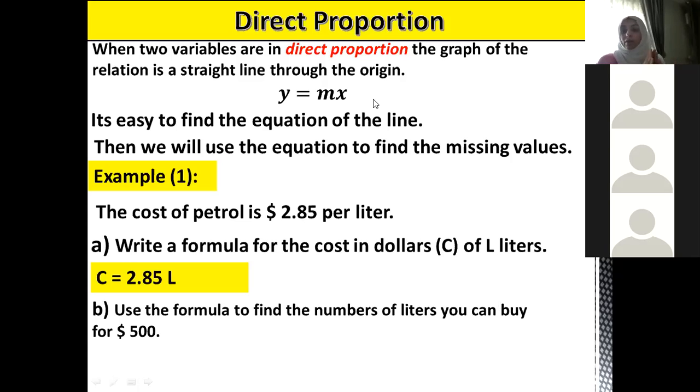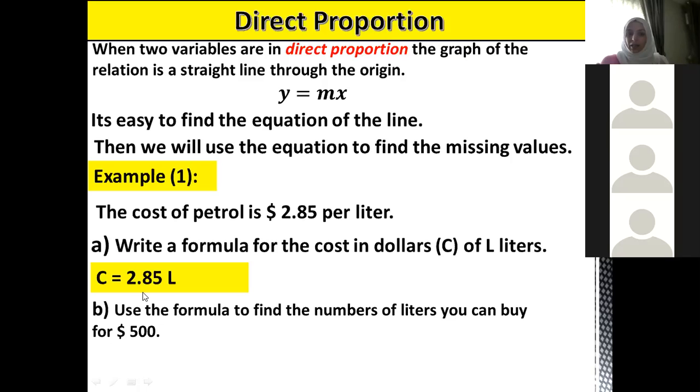When we write the general formula, if we know the number of liters, we can find the total cost. And if we know the total cost, we can find the number of liters. Of the two variables, they give me one and ask about the other. Here it says use the formula to find the number of liters when you buy using $500. What is the $500?